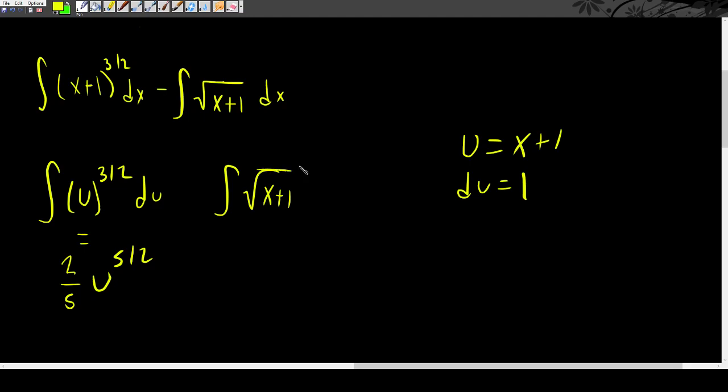And then for this one, you're going to keep the same u. So square root of u is u to the 1/2, which gives 2/3 u to the 3/2, and then minusing these two.